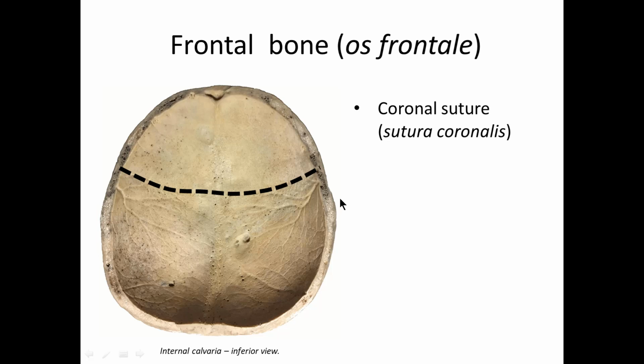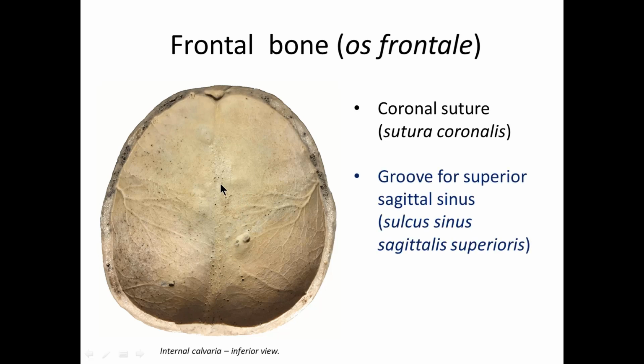This is the connection of the frontal bone with two parietal bones. It is also worth adding that the frontal plane runs through the coronal suture. We can see a longitudinal groove running through the cranial vault. It is called a groove for superior sagittal sinus.